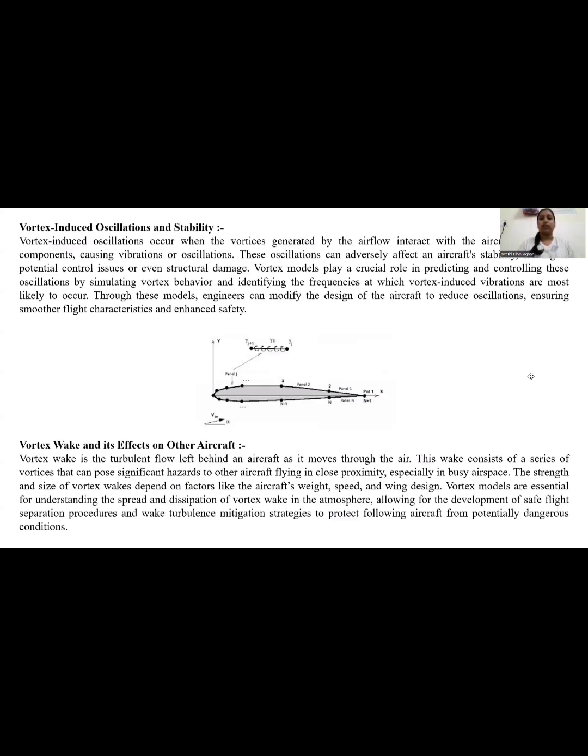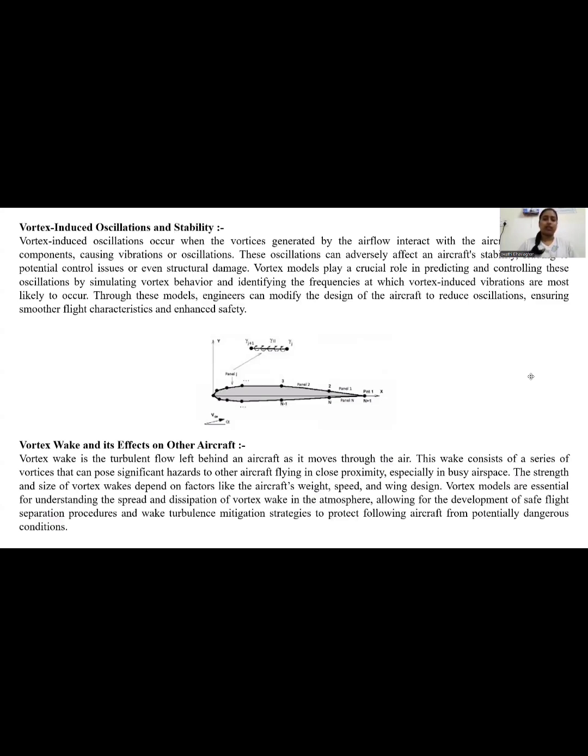Vortex models play a crucial role in predicting and controlling these oscillations by simulating vortex behavior and identifying the frequencies at which vortex-induced vibrations are most likely to occur. With these models, engineers can modify the design of an aircraft to reduce oscillations, ensuring smoother flight characteristics and enhanced safety.